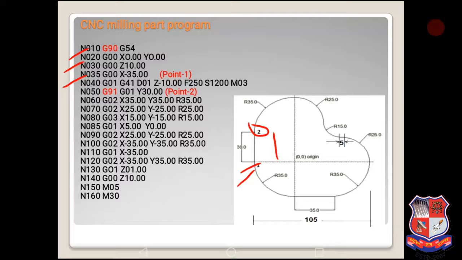Now in this case we use G91, so all the values are in incremental mode.